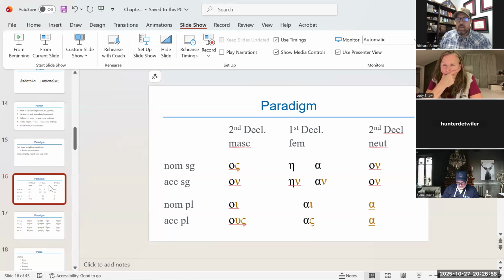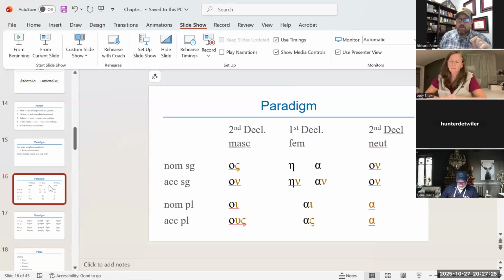The accusative, you're going to add a nu, just like in the masculine, you add a nu for the accusative. Just like in the nominative plural for the masculine, you're going to add an iota to the alpha. Do you see that? And you're going to add a sigma to the alpha. So if we were doing hora, that would be our.